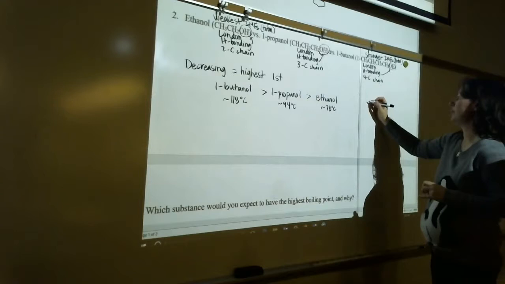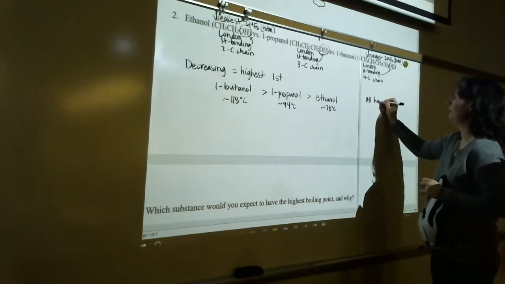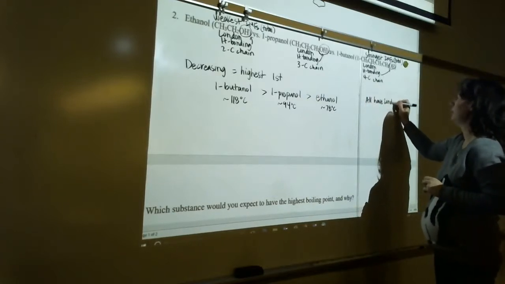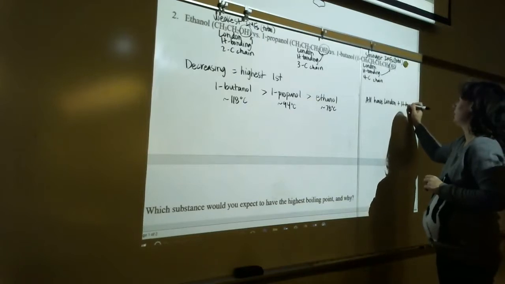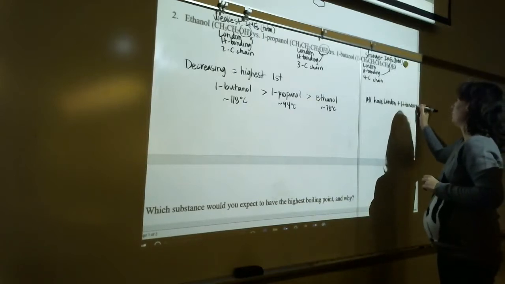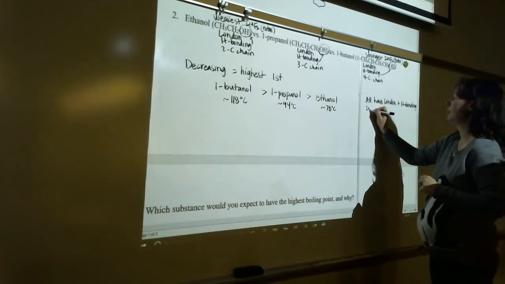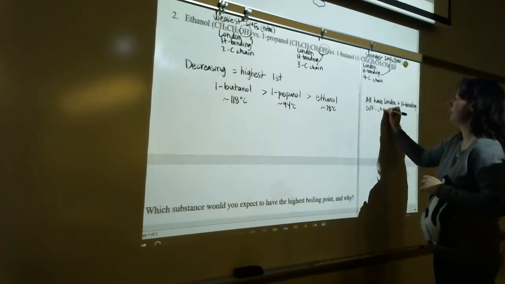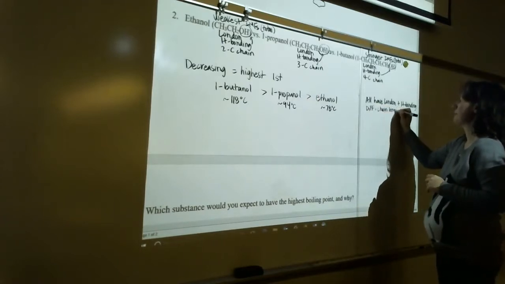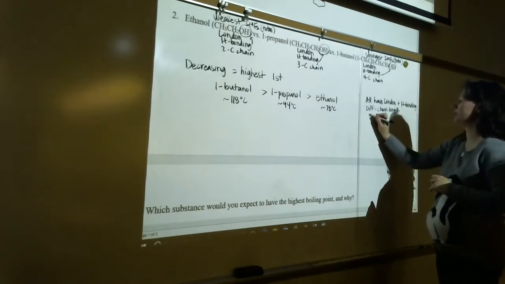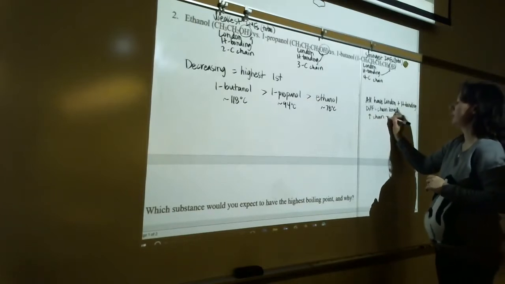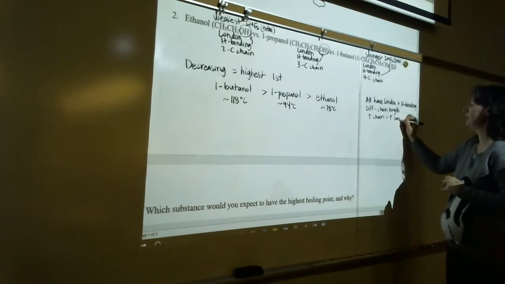Again, what's the difference? All have London plus hydrogen bonding. So what's the point of difference? The difference is chain length. All right, as you increase chain, you increase London.